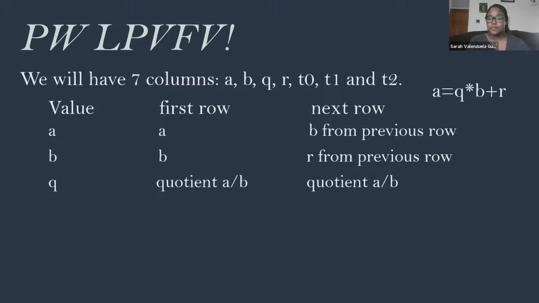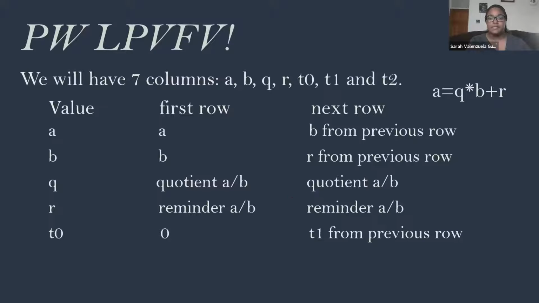Q is always going to be the quotient of A over B from the row we are working in. R is obviously the remainder of A over B in the current row, and it always will be like that. And we have these three values, T0, T1, and then T2.